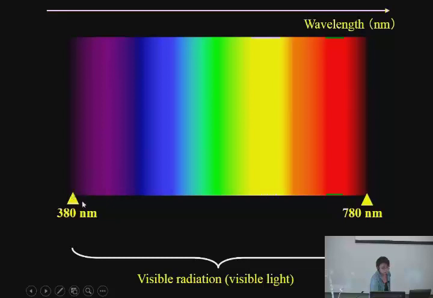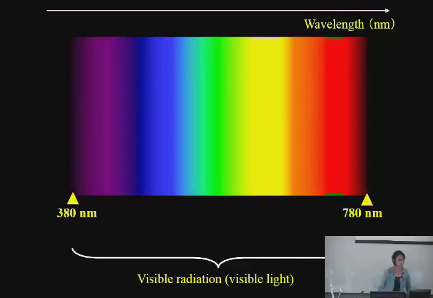That's the threshold, 380, and then it goes into the blue range, the green range, and yellow-green. In this range you see really well; human eyes sense green and yellow-green very well. And then yellow and orange, and then red and dark red, and you can't see anymore. That's about 780 nanometers.